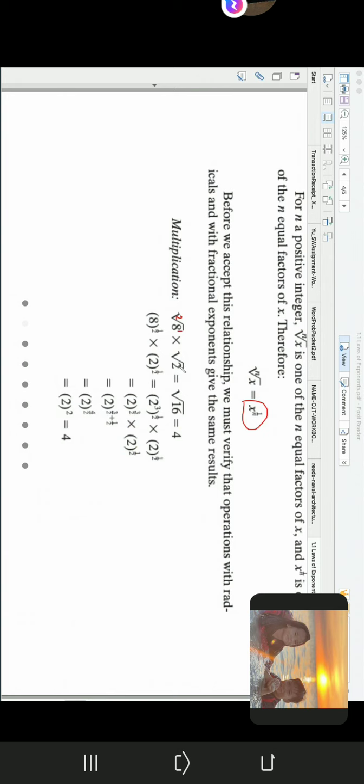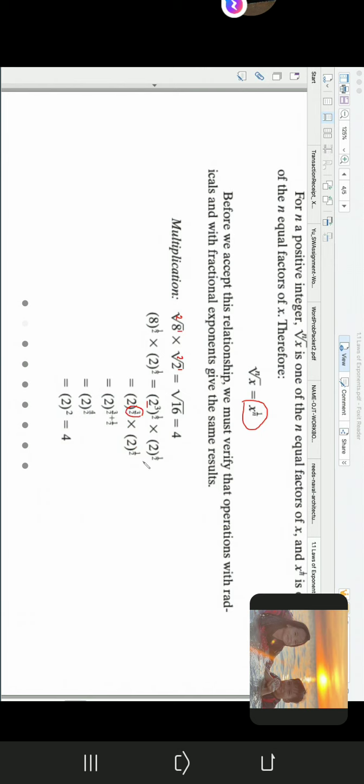Then times this one, understood that there is a 1, then understood that there is a 2. So that is quantity 2 raised to 1/2, is equal to, then you have to apply the power rule. You have to factor this 8 into 2 times 2 times 2, so that's 2 cube. So that is 2 cube raised to the power of 1/2 times 2 raised to the power of 1/2. And then you have to apply the product rule. So 3 times 1/2, that is 3/2.